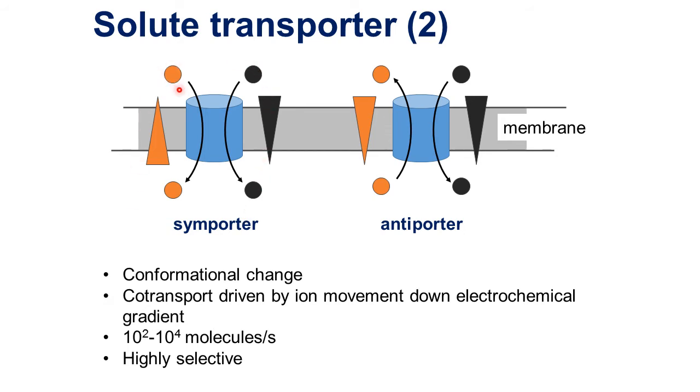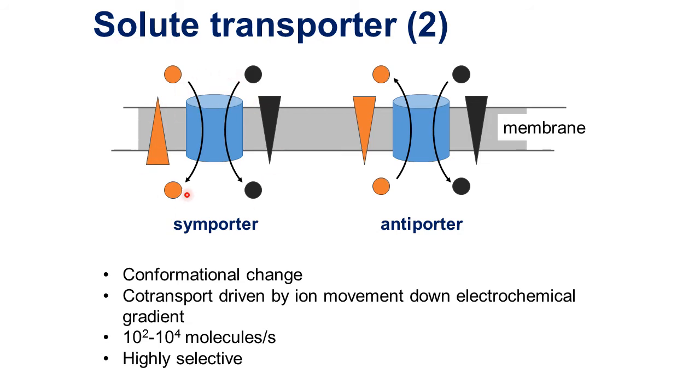So in this case, movement of one molecule against the gradient is facilitated by the movement of another molecule, an ion, in the same direction down the gradient. This movement of the ion down the gradient is energetically favorable, and it provides the energy for the movement of the other molecule against the gradient.